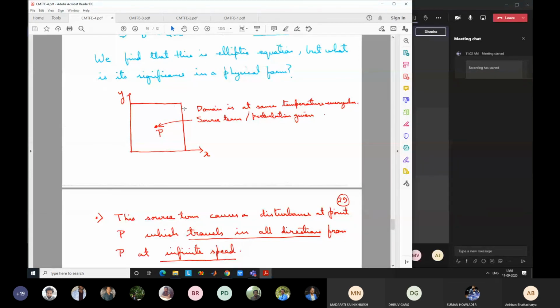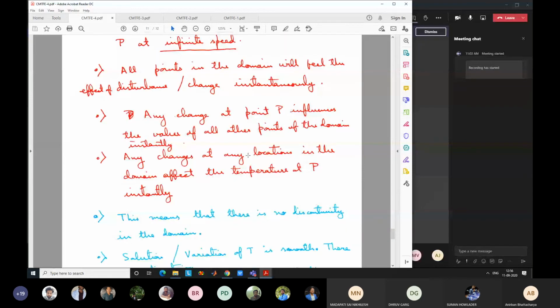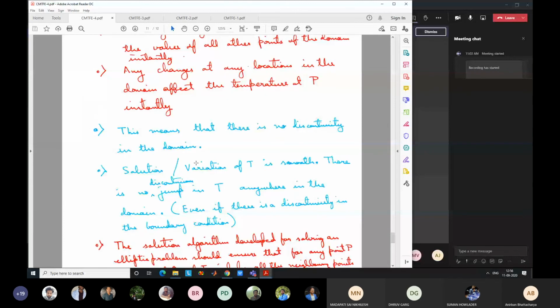You know that temperature should be continuous. There cannot be a jump in the temperature physically, right, in the x and y direction. Say here we have 100 degrees, suddenly the next point cannot be 50 degrees. If that occurred, it would instantly balance out. So there cannot be any jump in the temperature. Solution or variation of T is smooth.